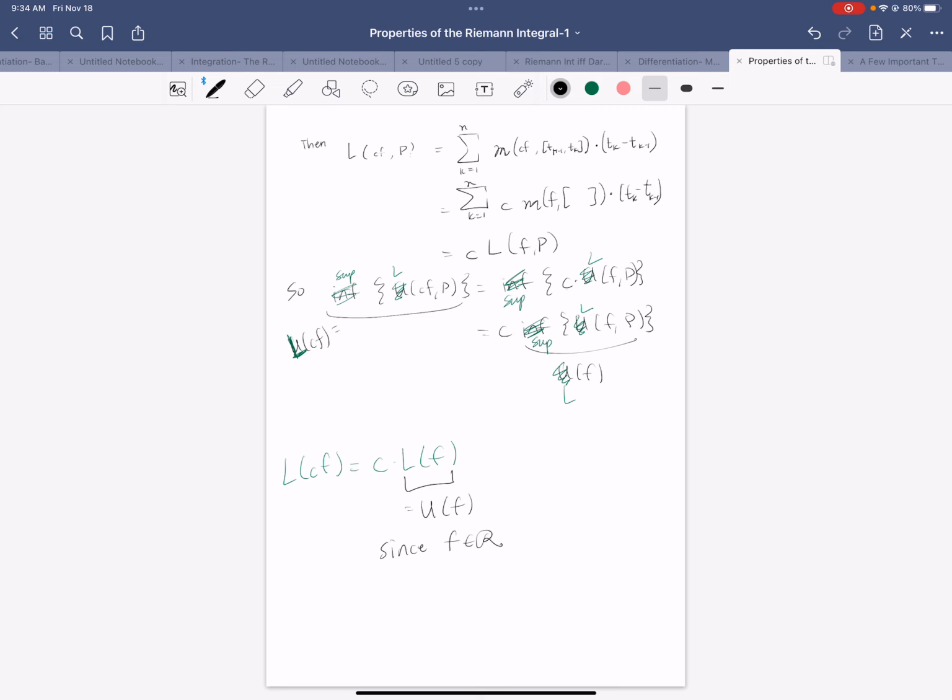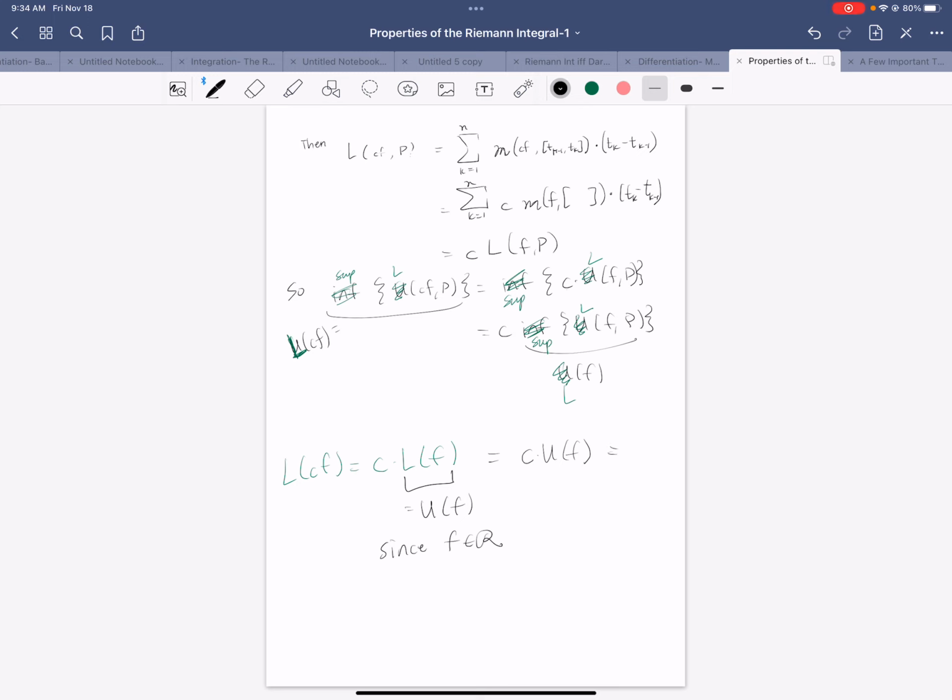And then we proved in the first part that this is going to be equal to C times the upper integral.